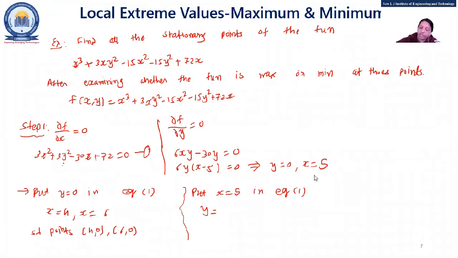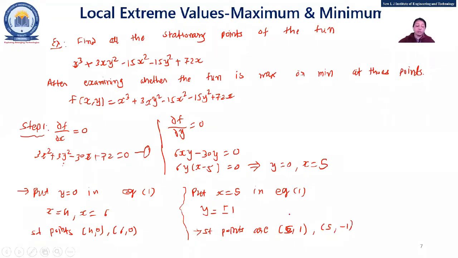These examples are simple, just practice. One stationary point is 5 with y plus 1, another is 5 with y minus 1. So you will get 4 stationary points from step 1.